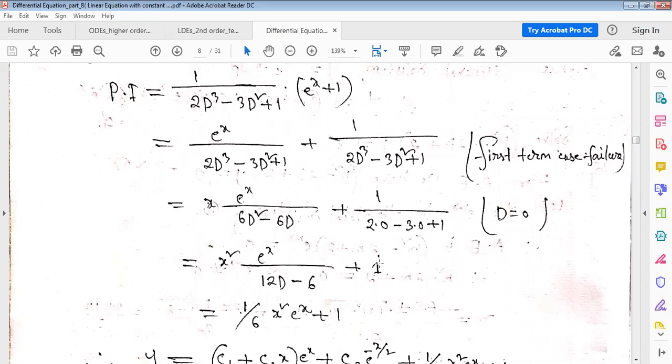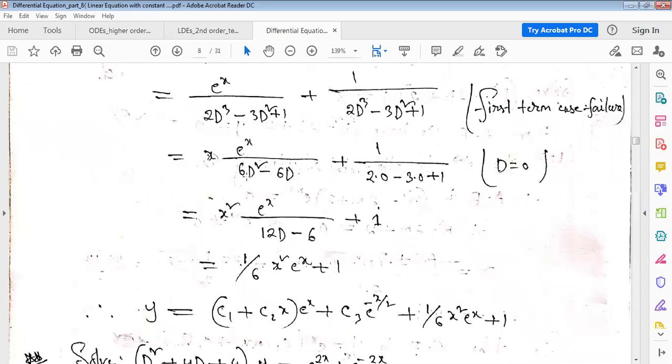We get only 1. So this needs another differentiation, because for the coefficient of x with D equals 1, if you put D equals 1 here, this will also be undefined. So taking another differentiation, we put another x, so this becomes x square.